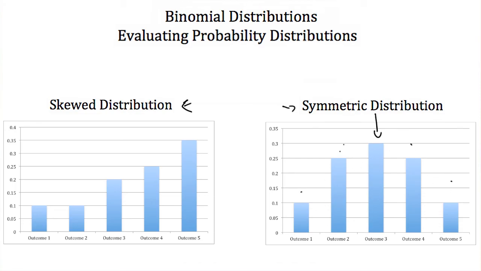Or think of, I can draw a line down the middle of this symmetric distribution and see that it is indeed symmetrical. The other type of distribution is the skewed distribution. That's when the probabilities tend to increase on one side of the distribution and not the other. So now that we've talked about the different types of probability distributions, that completes the tutorial on binomial distributions.